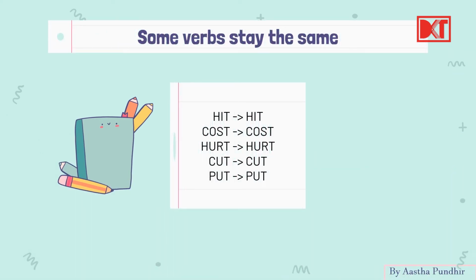Okay, now there are a few verbs which stay the same in their past tense too. Like we did many verbs, like give became gave, I am became I was, he is became he was, we are became we were, in this way. But there are some verbs which stay the same, like we have hit, hit stays hit, I hit, in present and in past also I hit stays. Cost stays cost, hurt stays hurt, cut stays cut, put stays put.